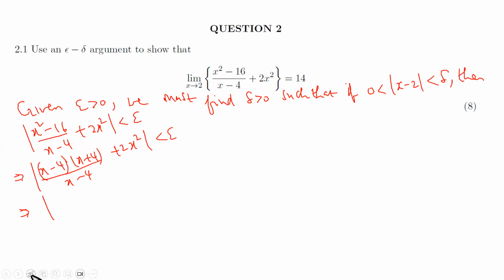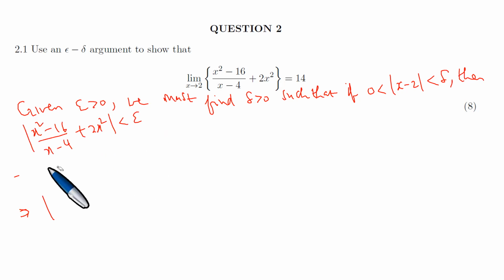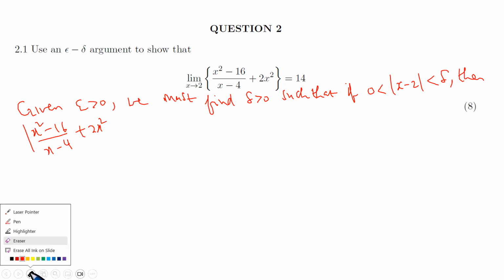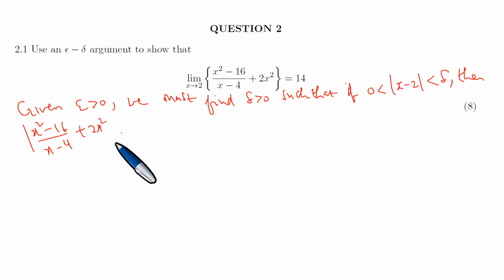I missed something. I missed 14. So you must transpose the 14 now and bring it to the other side of the function. So it's minus 14 less than epsilon.